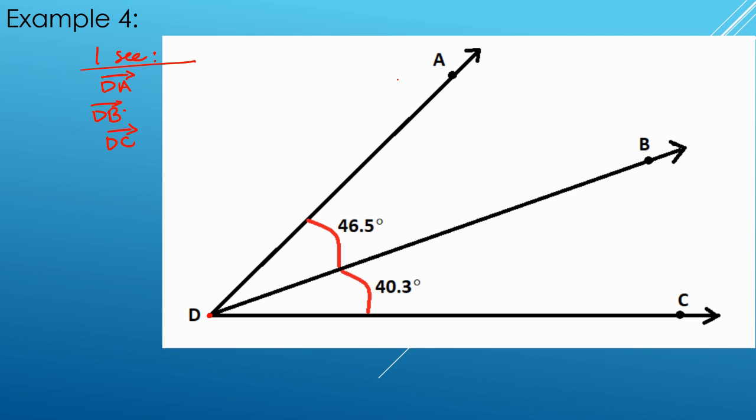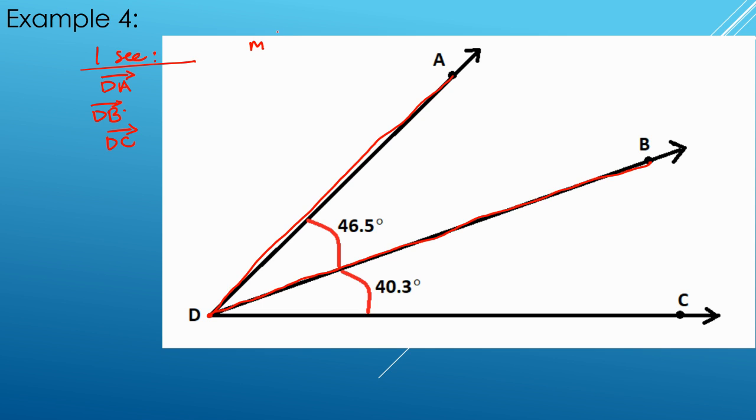So I want to point out the space starting from A down to D, straight line, and then up to B. So notice this space with me, please. What's the measurement of the angle in between A, D, and B? Do you see it? 46.5 degrees. How do we write that down?